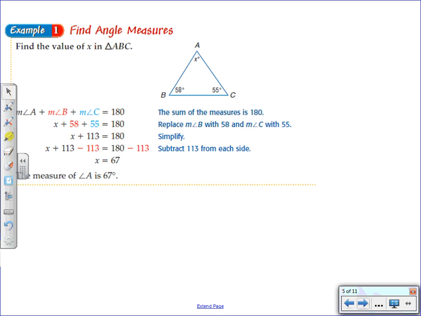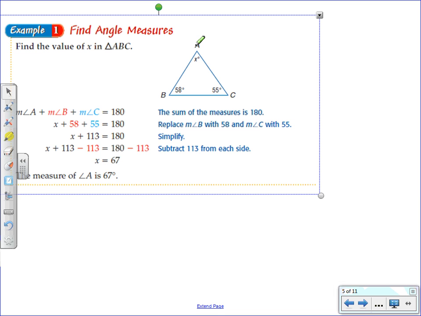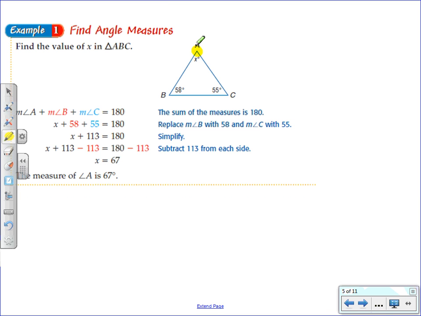And here's a problem. Find the value of x in triangle ABC. Well, we know the measure of angle A plus the measure of angle B plus the measure of angle C always equals 180 degrees. So we can substitute what we know. We know the measure of angle B is 58 degrees.